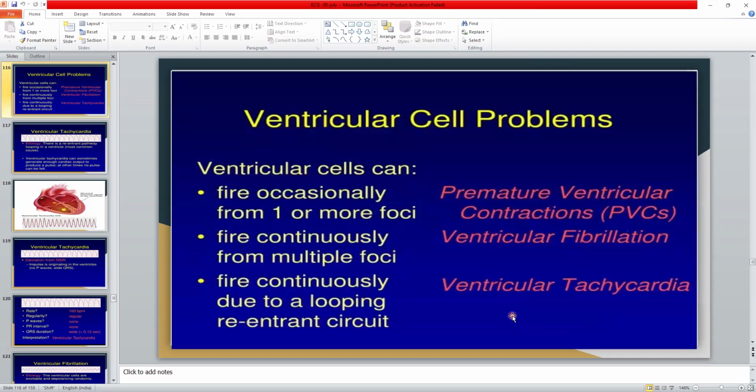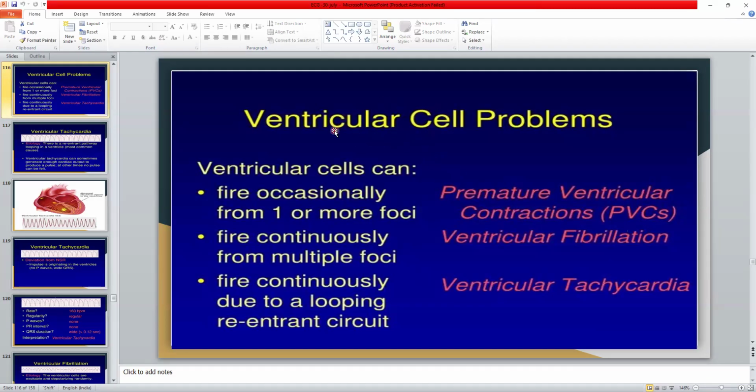Coming to the ventricular arrhythmias, here the ventricular cells fire occasionally from one or more foci. When they fire from one or more foci, it produces premature ventricular contractions.